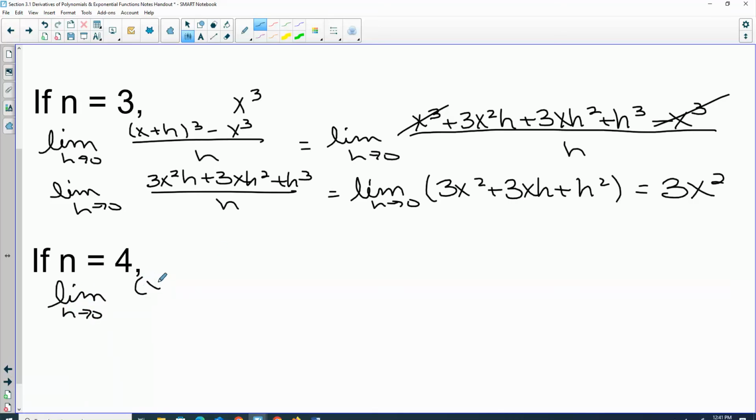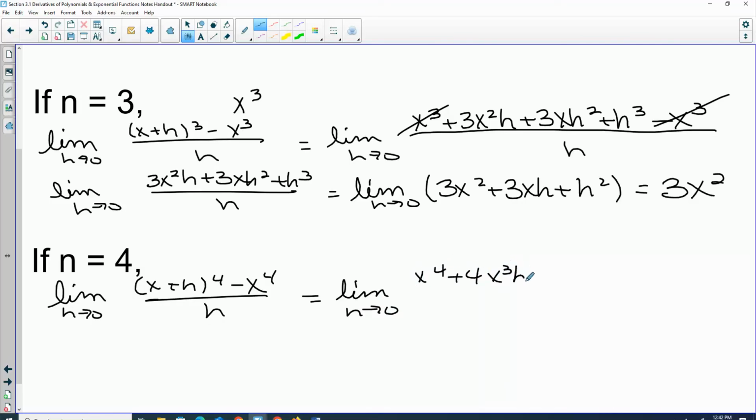So we're doing x plus h to the fourth minus x to the fourth over h. So that is x to the fourth plus 4x cubed h plus 6x squared h squared plus 4xh cubed plus h to the fourth minus x to the fourth.